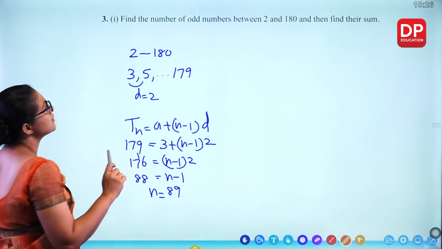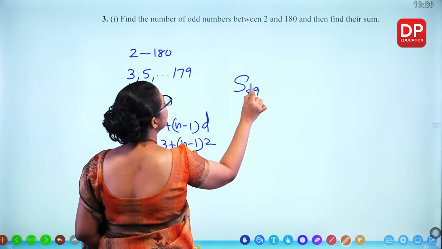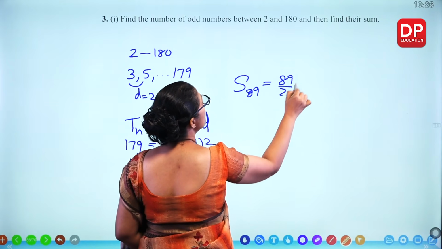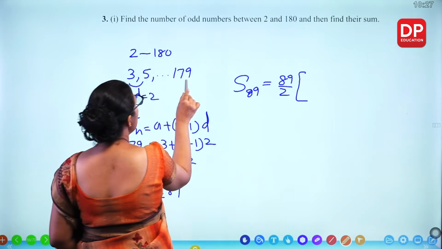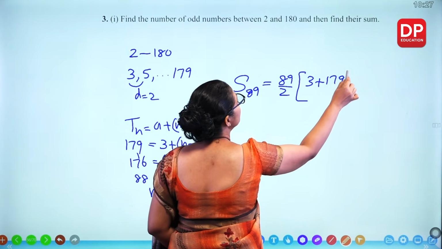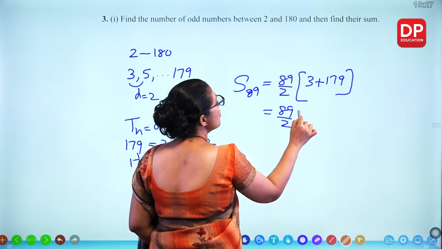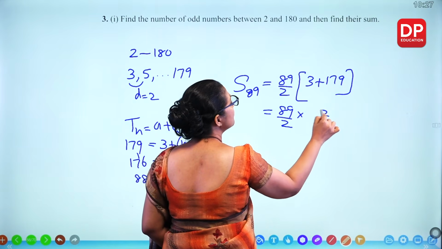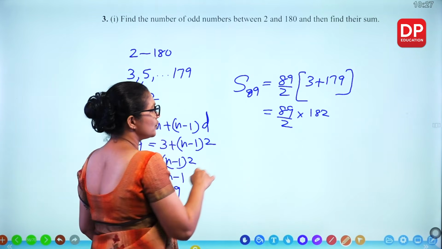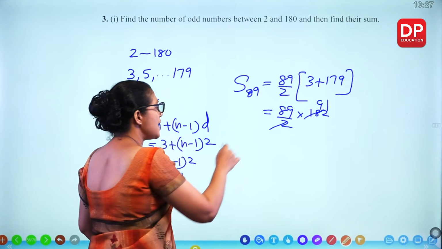Now we know 89 terms are there. So what's the sum of 89 terms? 89 divided by 2. First term and last term we know, just add it. 89 over 2 times 182. So we can divide by 2. 91 times 89.